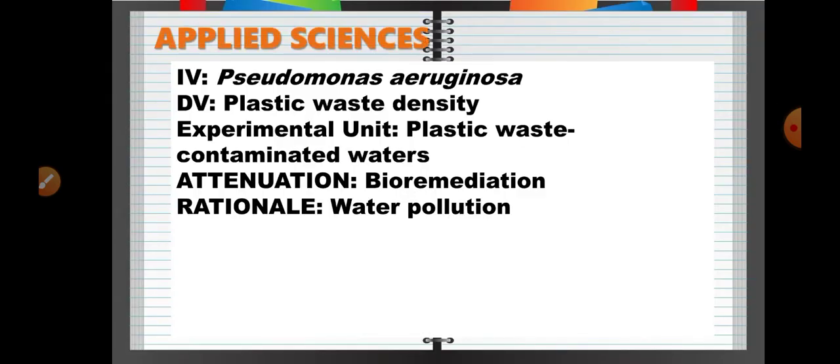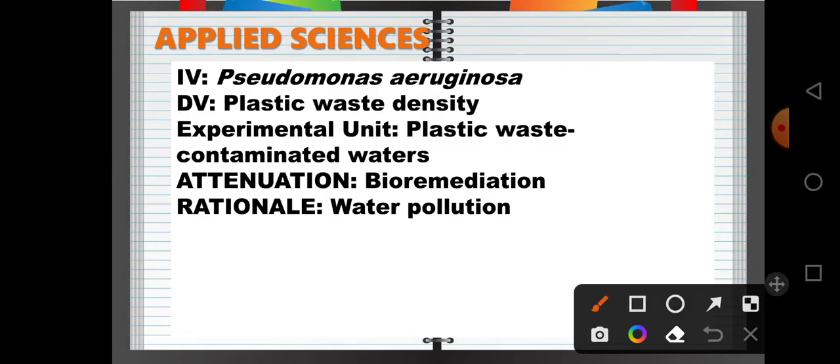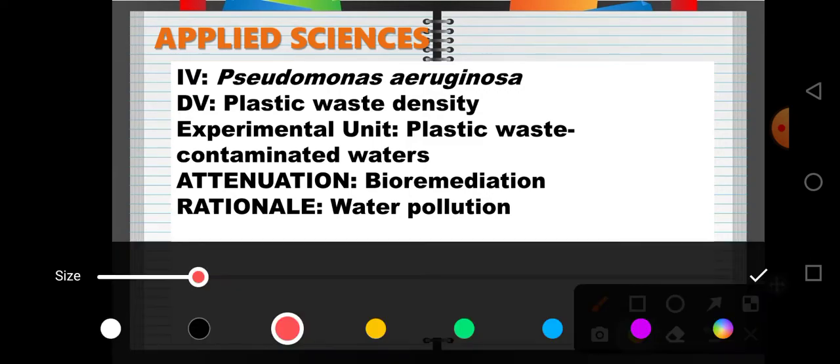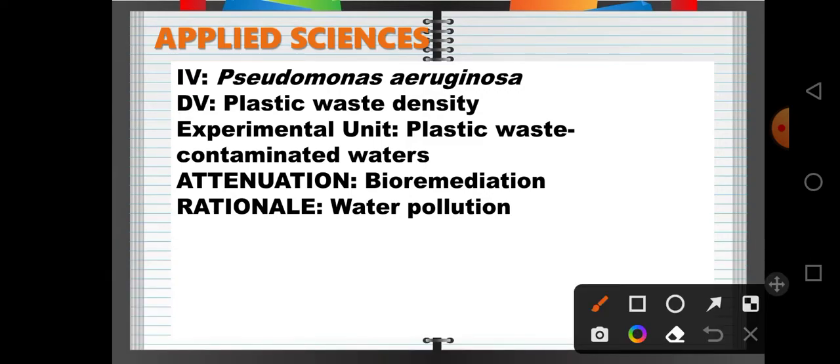So we have Pseudomonas aeruginosa as our independent variable. Then we have plastic waste density as our dependent variable. Experimental unit is plastic waste contaminated waters, attenuation process is remediation, and our rationale is water pollution. So bioremediation, class, is actually a process where you can, let's say, decrease plastic waste with the help of microorganisms.